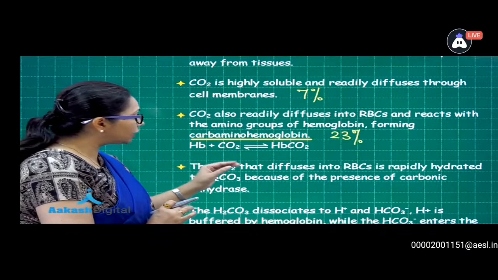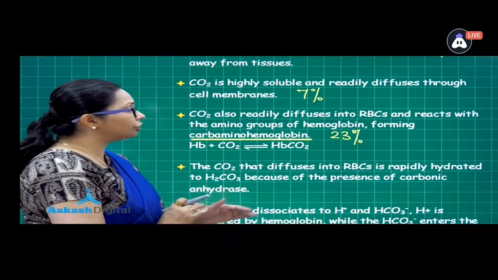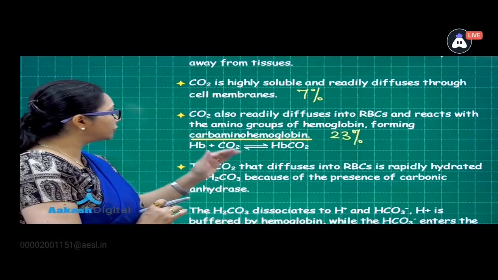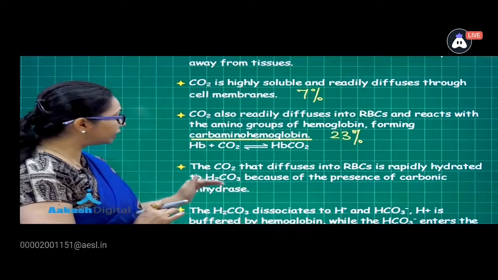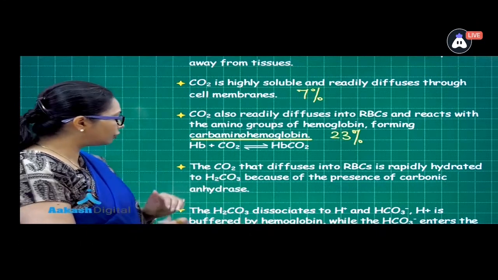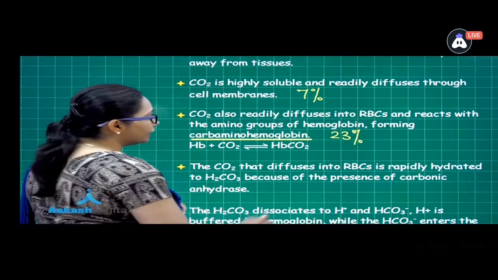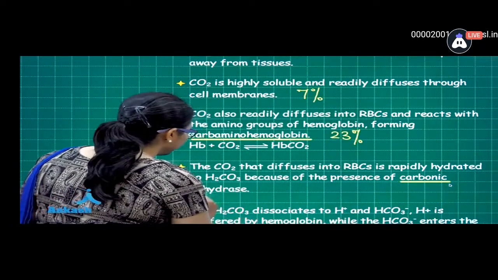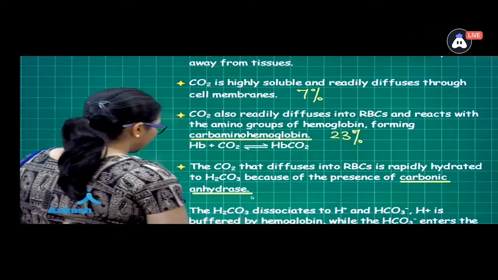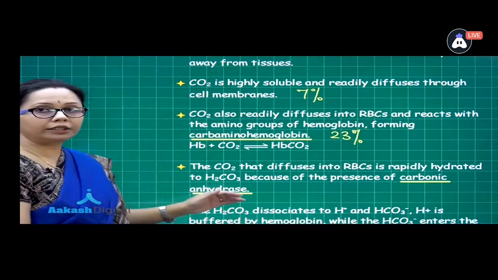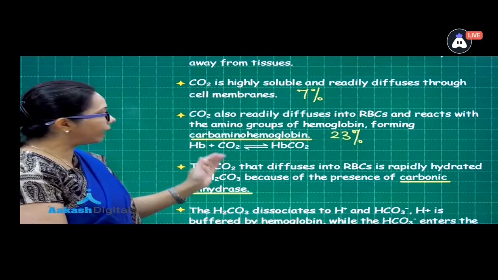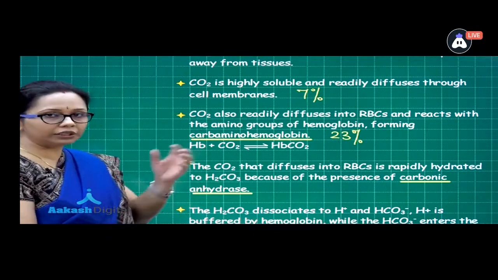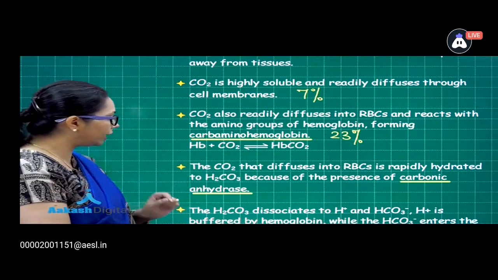And this carbon dioxide, which diffuses into the RBCs, forms carbonic acid, that is H2CO3, because of the presence of a particular enzyme over there, and that is carbonic anhydrase. Now this is a very important enzyme, and it combines carbon dioxide with water present inside the RBCs to form carbonic acid.